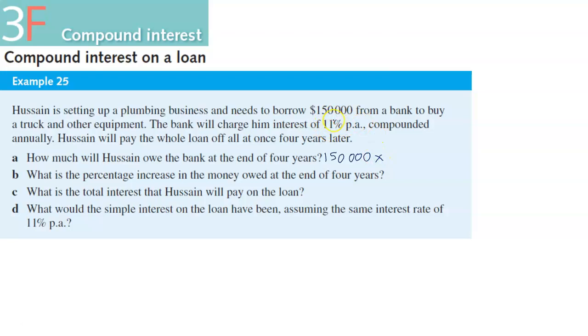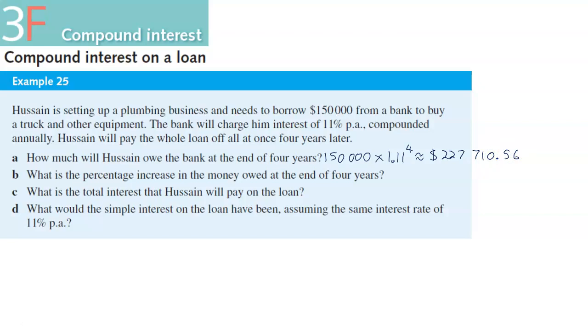The rate is 11%, so increasing something by 11%, we've got 111%, which is 1.11, and we're looking at 4 years, so 1.11 to the power of 4. Put that in the calculator, and then I'm going to round it to 2 decimal places because I'm talking about money. I get $227,710.56.